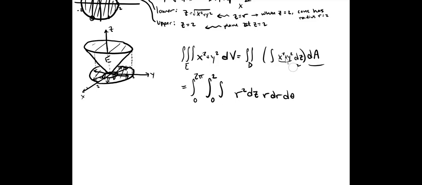Remember, on that z integral inside, we need the lower surface bounding z and the upper surface bounding z. So I look over here in this footprint, and to stay in the region E, my z values would have to start on the cone and go up to the flat surface z equals 2.